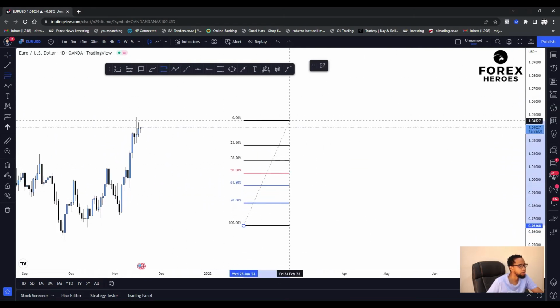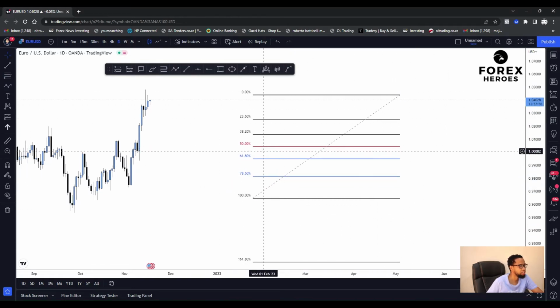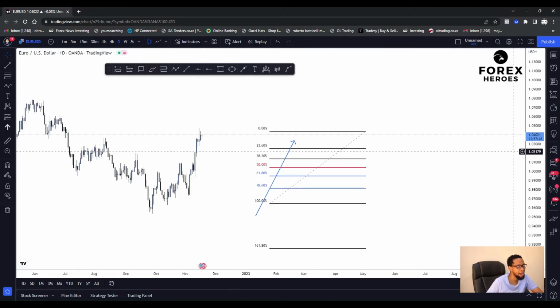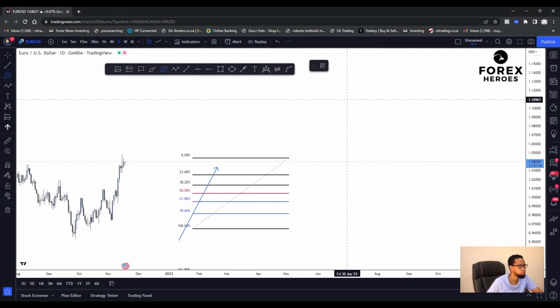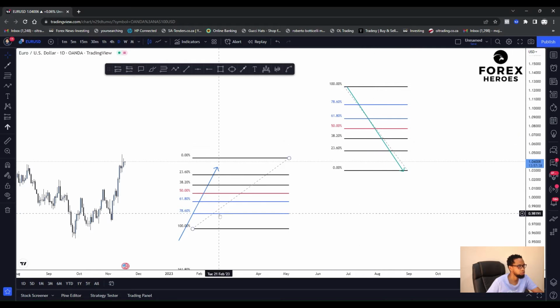If you are having an uptrend, you take fib from the bottom to the top, right? And if you are having a downtrend, you take fib from the top to the bottom. This is how you start.